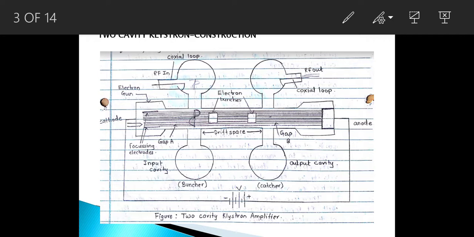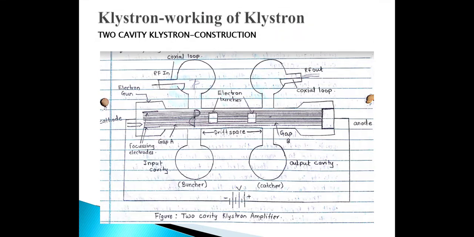Now the working. The RF signal, which is to be amplified, is used for exciting the input buncher cavity, thereby developing an alternating voltage of signal frequency across gap A. Now let us consider the effect of this gap voltage on the electron beam passing through gap A. The situation is best explained with the help of this diagram.